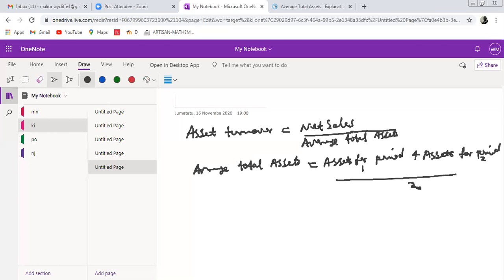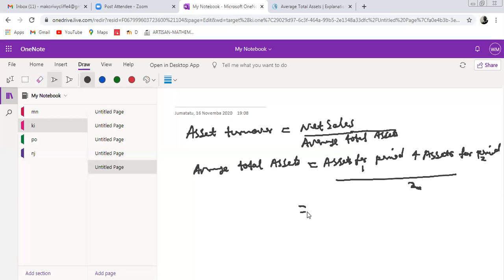We were given 2 periods, 2017 and 2018. If we want the average total assets, you just add the total assets for 2017 plus the assets for 2018, and then you divide by 2.